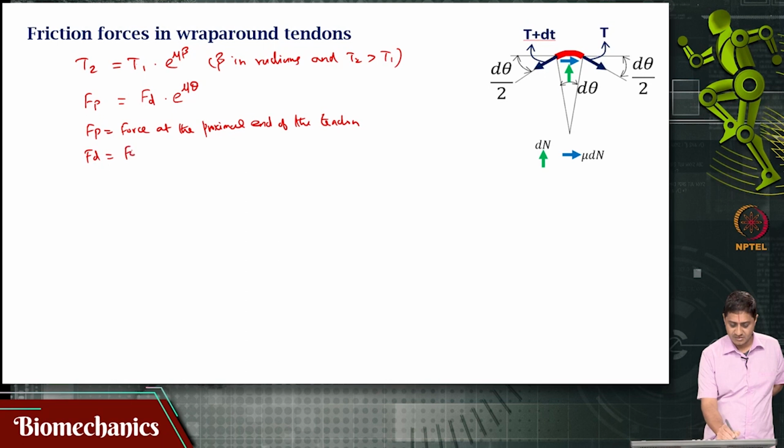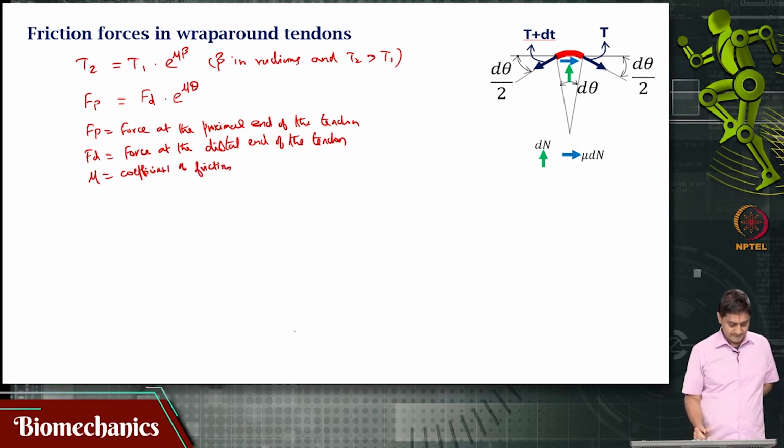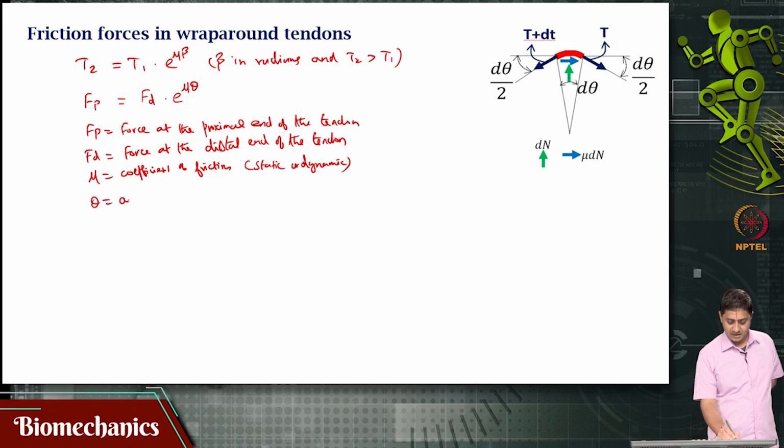Fd is the force at the distal end of the tendon. Mu is the coefficient of friction. It can be static or dynamic coefficient of friction. Theta is the angle of contact.